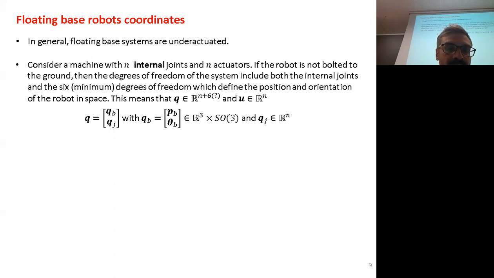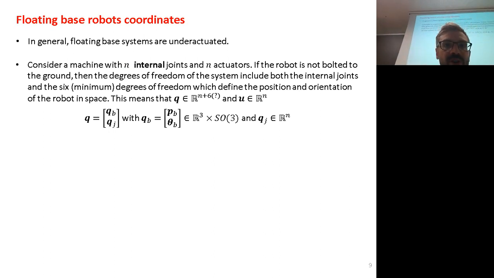In this case, you can distinguish the n internal joints that are driven by the n actuators. Sorry, this is confusing. I called it m before, but now we change the notation.